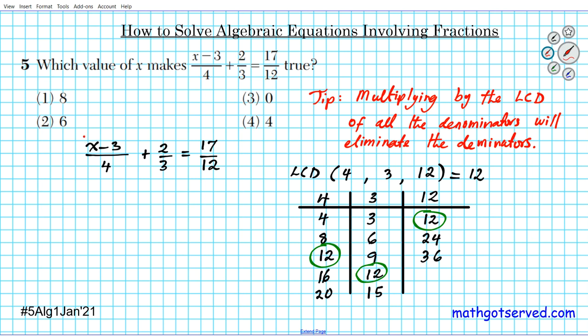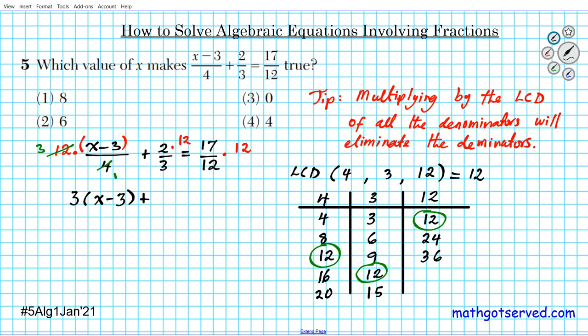Okay, let's illustrate. Let's go ahead and multiply each fraction by the LCD, 12. Multiply this one by 12, and then multiply this one right here by 12. All right, let's see what happens. 4 goes into 12 three times, so that yields 3 times (x - 3).